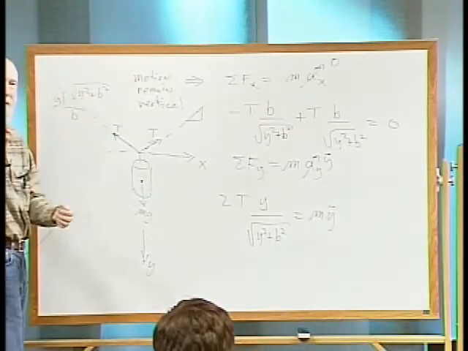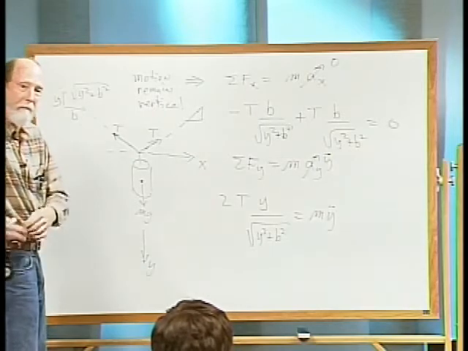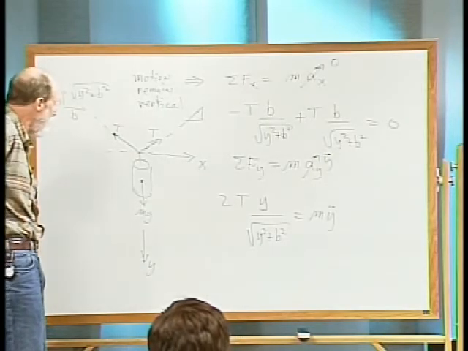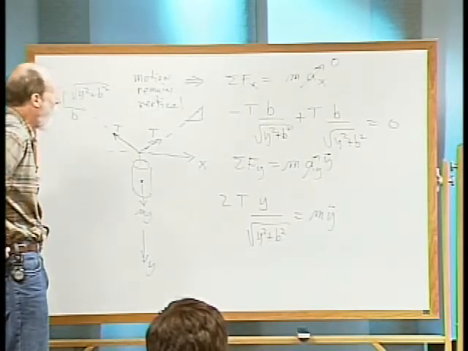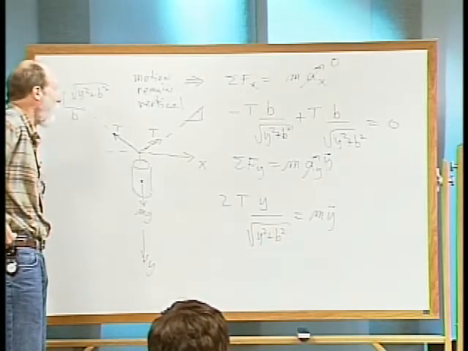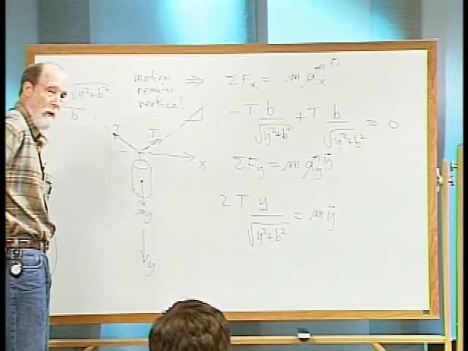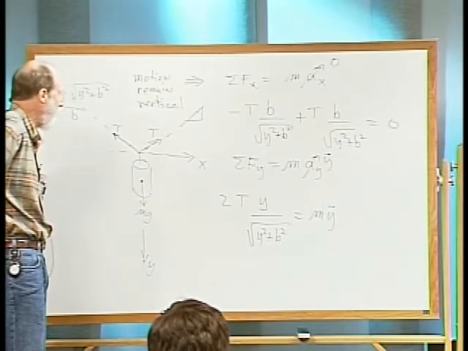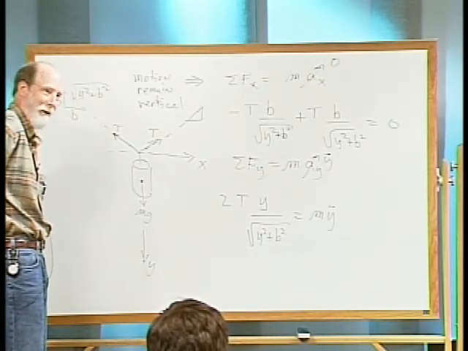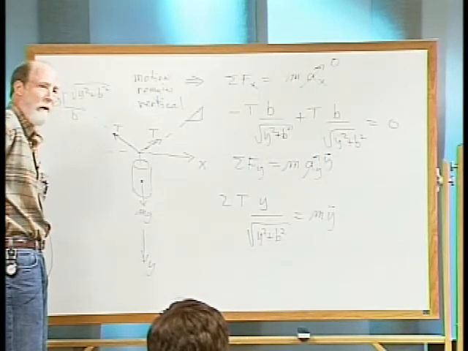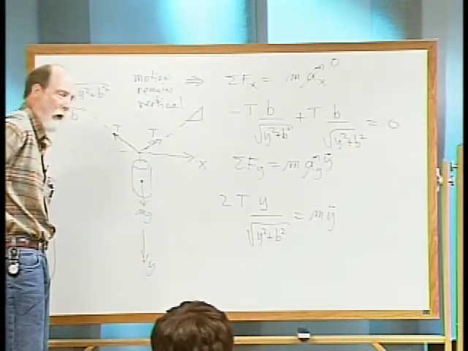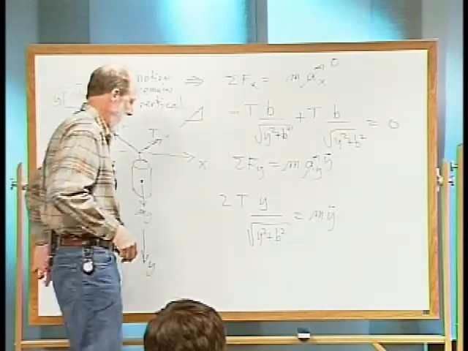Why is it not negative? Because y was defined in the problem in the book as pointing downward. And so, I'm sorry. Thank you, good catch. Don't you need your weight too? Oh, thank you. Forgot that too.